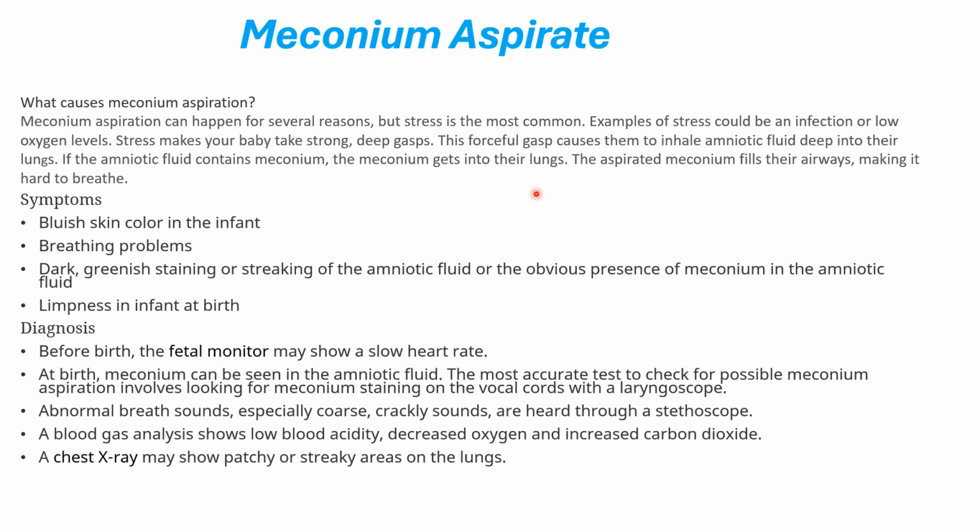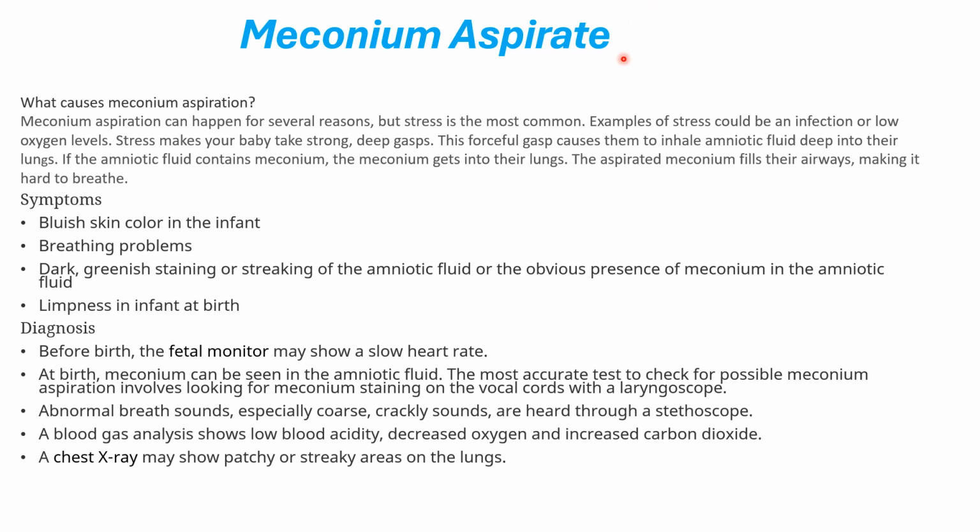On this slide, you can see there are some of the symptoms that are included, like the respiratory distress at birth, grunting, nasal flaring, intercostal retraction, cyanosis, decreased oxygen saturation, coarse breath sounds, and barrel-shaped chest, which is basically due to air trapping.